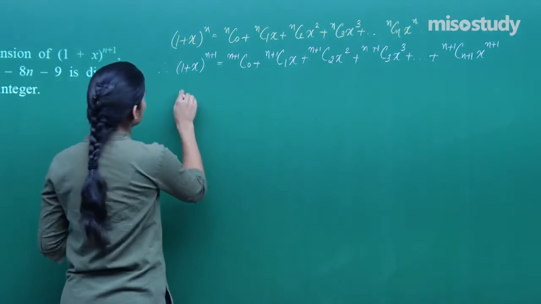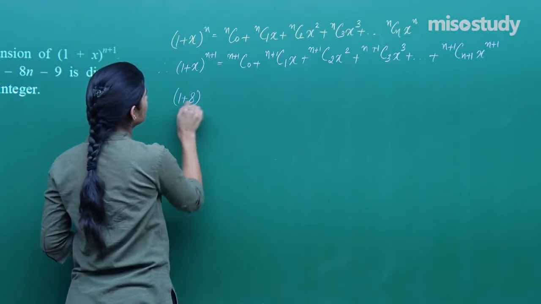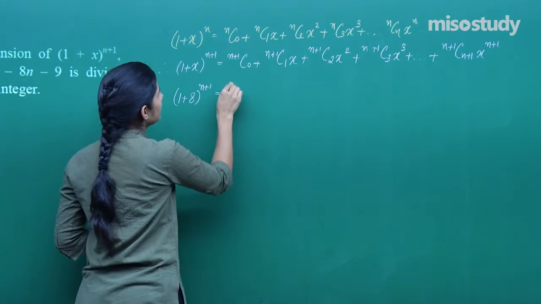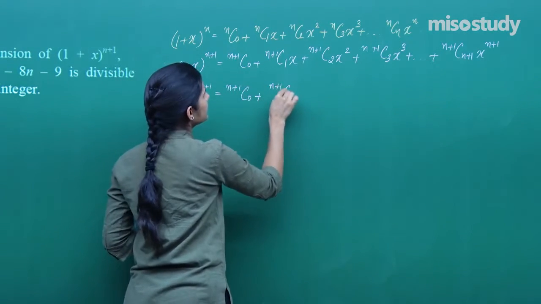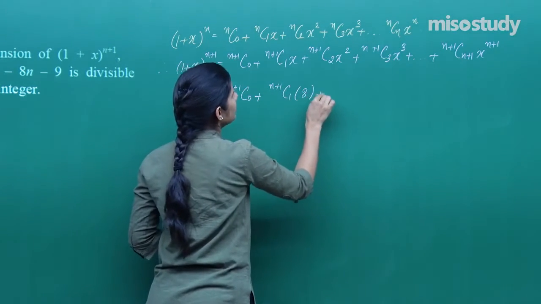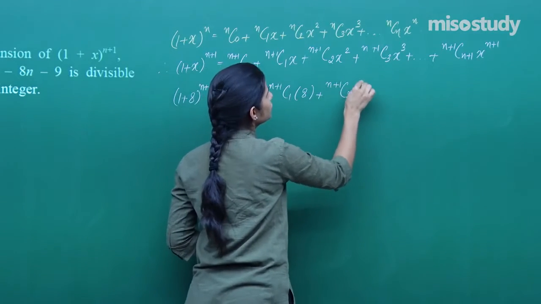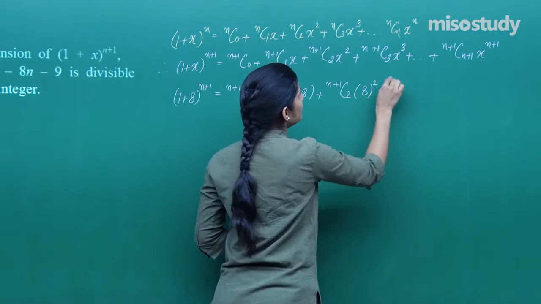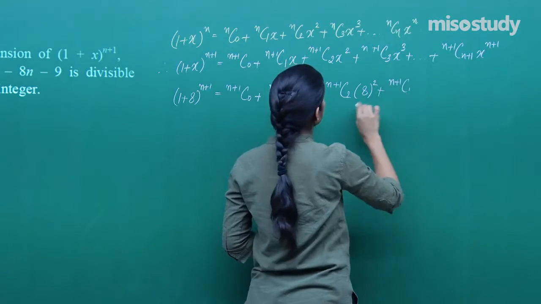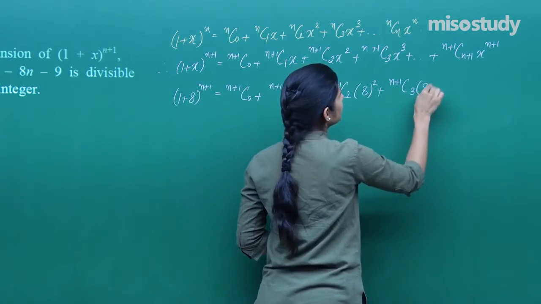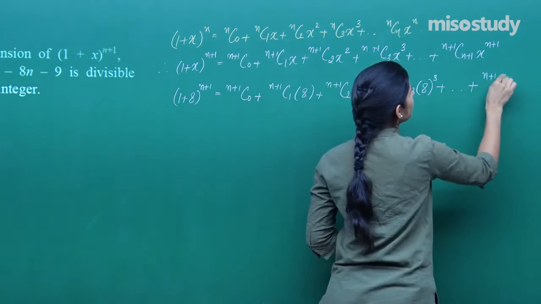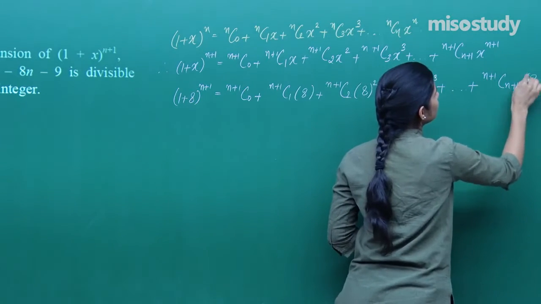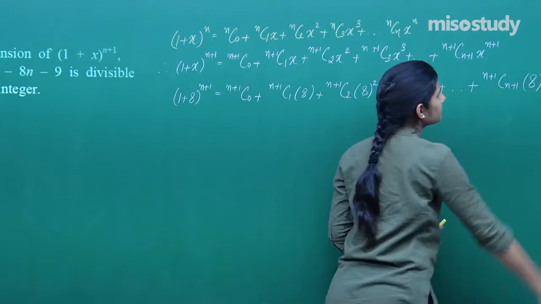Replace x by 8. So you get 1 plus 8 whole to the power n plus 1 equals n plus 1 c0 plus n plus 1 c1 into 8 plus n plus 1 c2 into 8 square plus n plus 1 c3 into 8 cube plus and so on, n plus 1 c n plus 1, 8 to the power n plus 1.